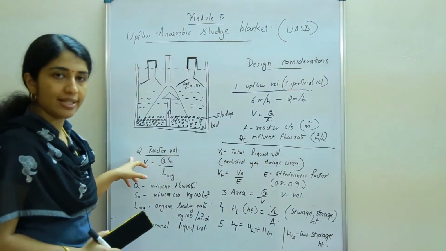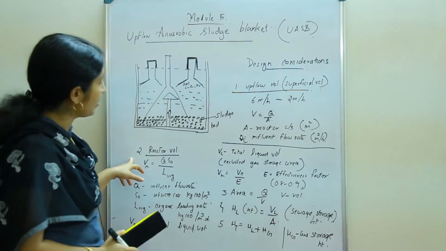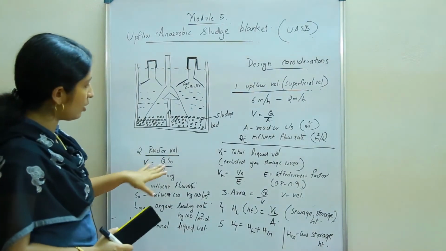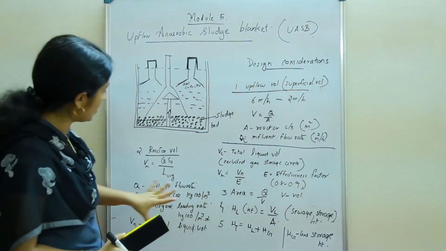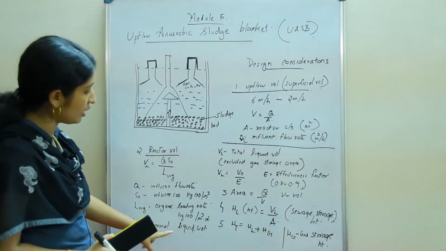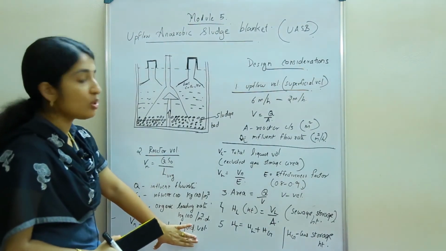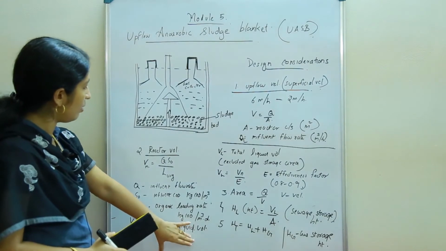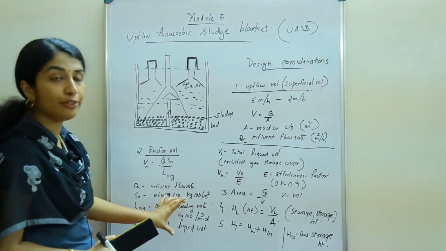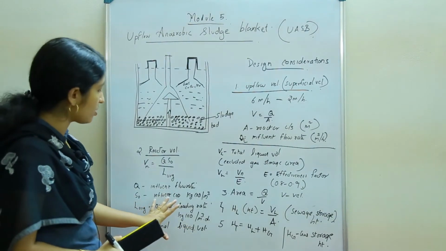The next thing is the reactor volume, which is found out in two steps. The first is the nominal liquid volume, found using the influent COD, or chemical oxygen demand.